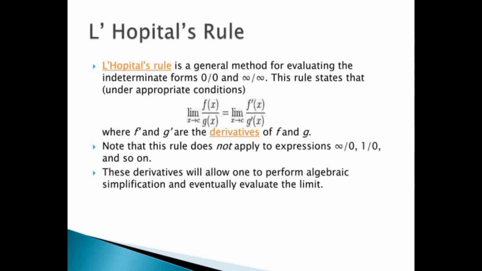Note that this rule does not apply to expressions like infinity over 0, 1 over 0, and so on. These derivatives allow one to perform algebraic simplification and eventually evaluate the limit.